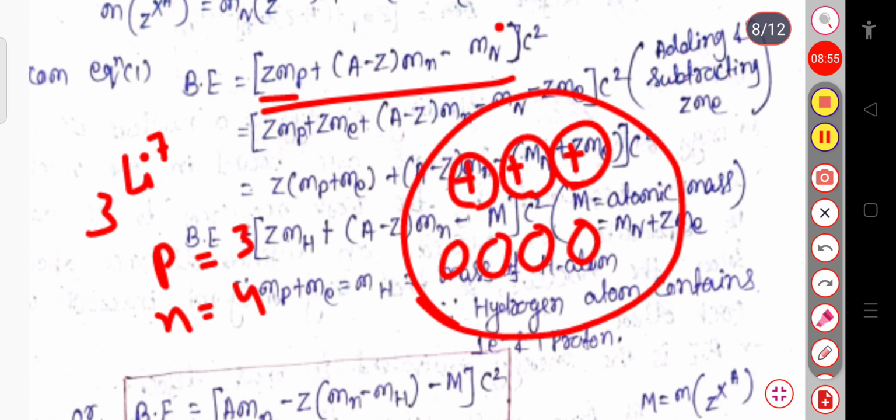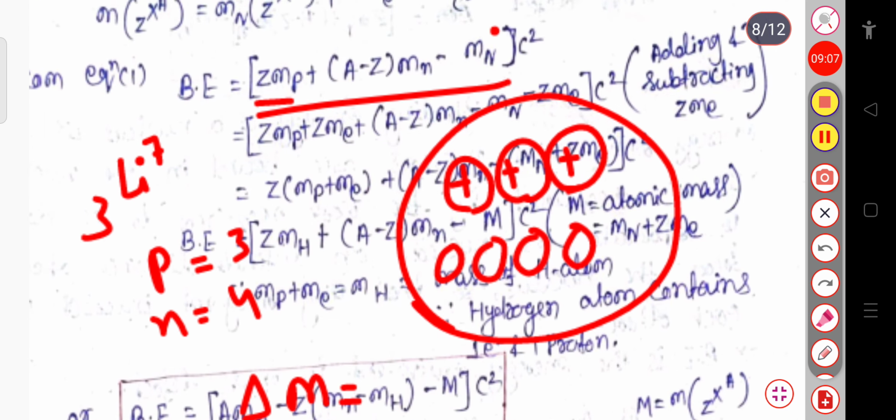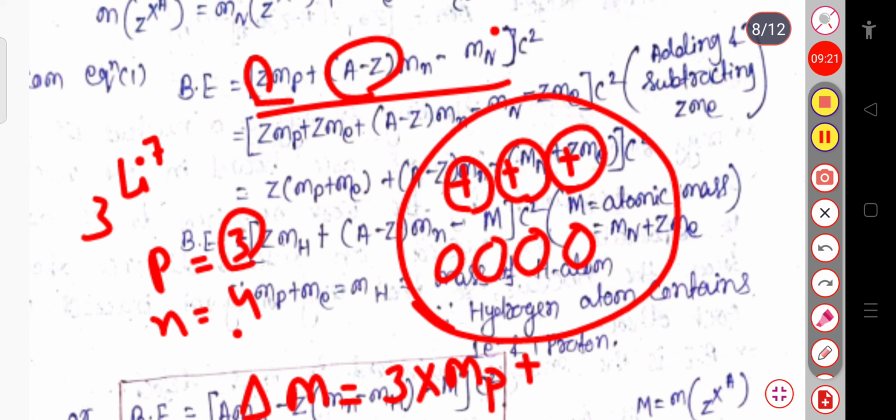Delta m will be equal to Zmp, where Z is the number of protons, that is 3, so 3 into the mass of the proton, plus the number of neutrons, 4, into the mass of the neutron.